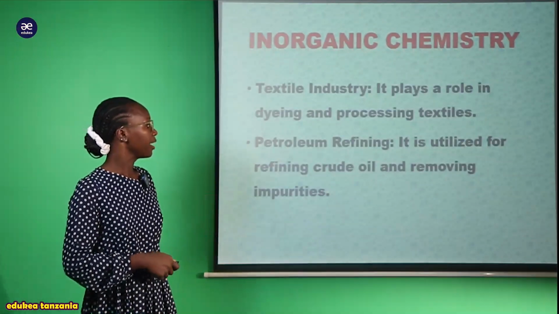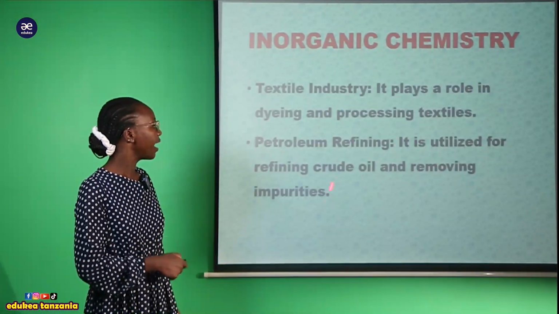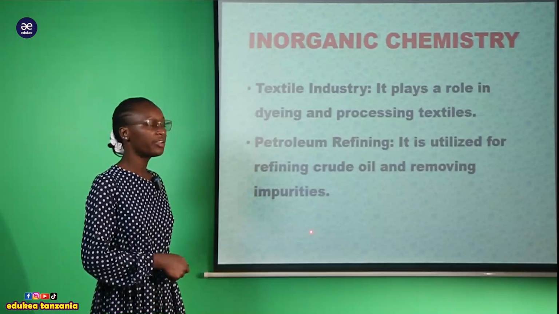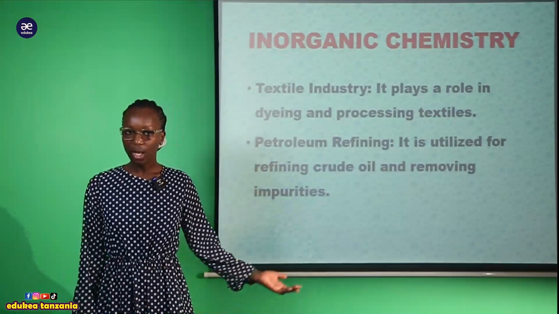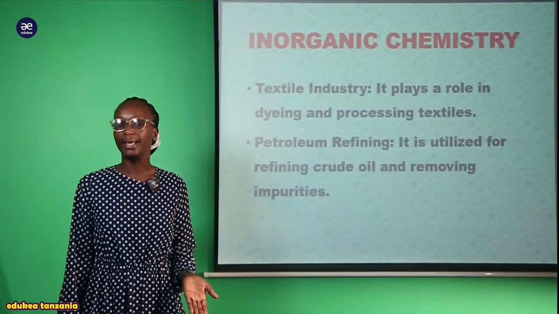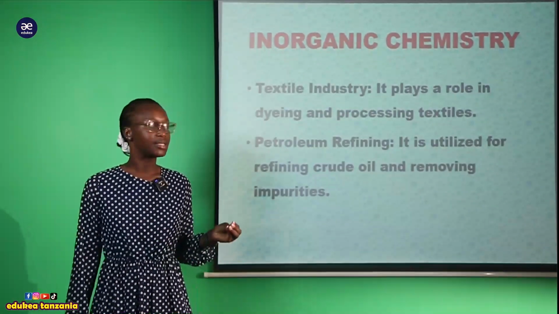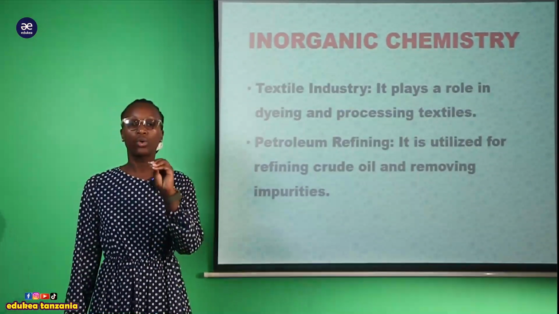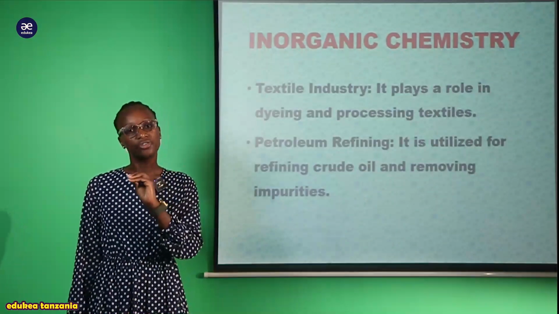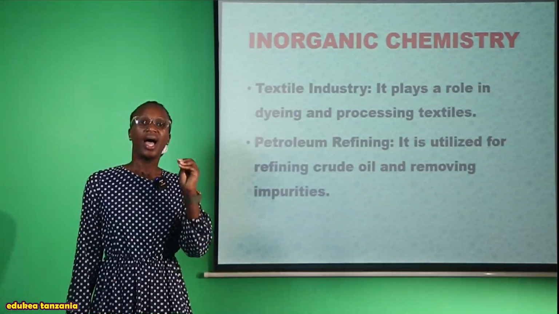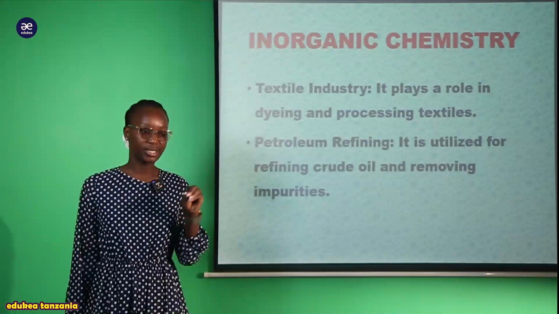For instance, anasema it is utilized for refining crude oil and removing impurities. Kama nilivyokukumbusha mambo ya crude oil. Kwa hiyo utakuja kuona kwamba the sodium hydroxide is very crucial in this sector. Kwa sababu kwenye crude oil tunajua kwamba we have a lot of the components, we have a lot of the properties, the different substances are there.